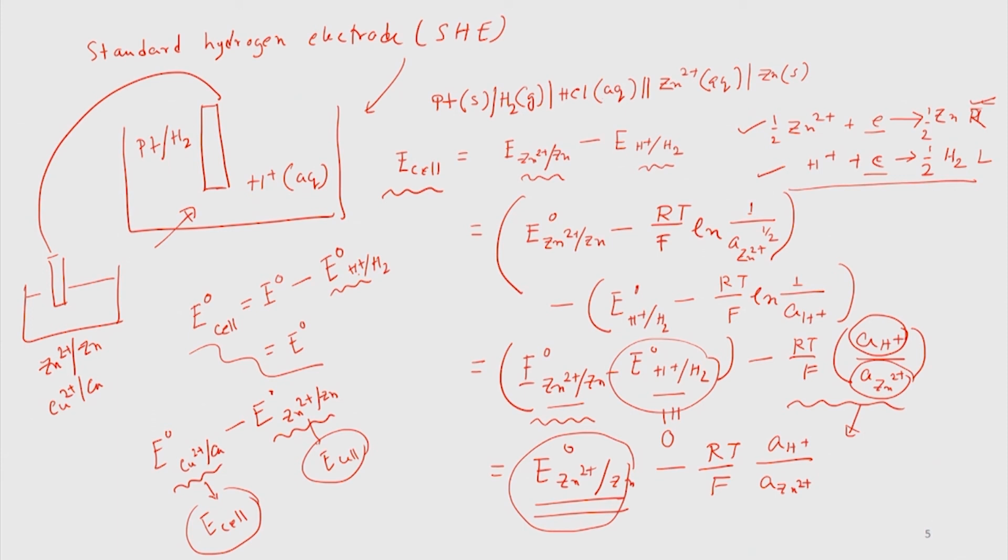You take one half cell, already measured with respect to the standard hydrogen electrode, so that you know the E0, and you take another half cell, and then do the right minus left to see whether the E cell is positive. If it is positive, then the way we have written it is correct. Otherwise, if it is negative, then the right cell which we considered should be the left cell, and the left cell should be the right cell. So, the direction of electron flow will change, the cathode will become anode, and the anode will become cathode.